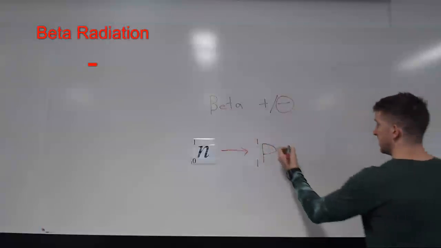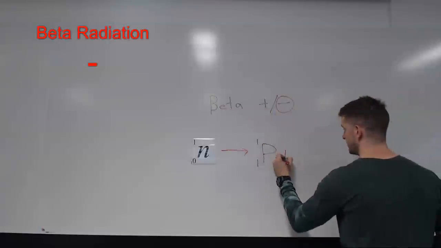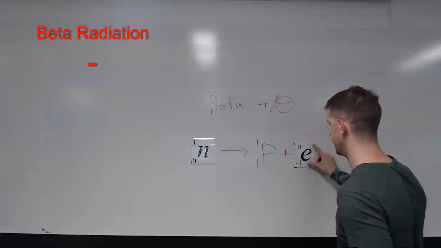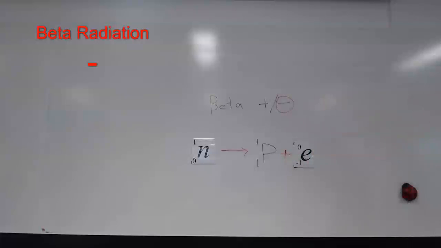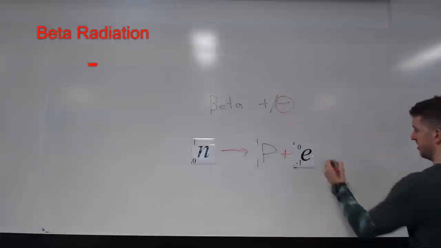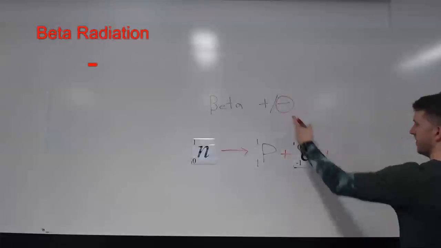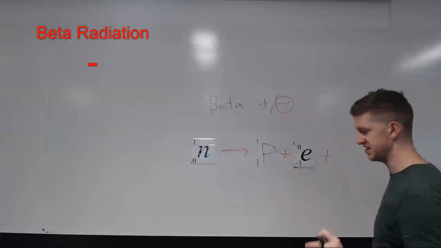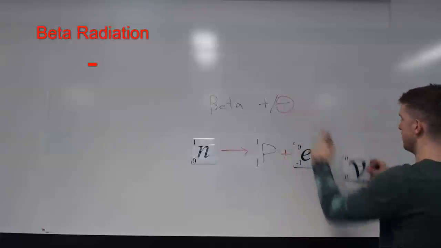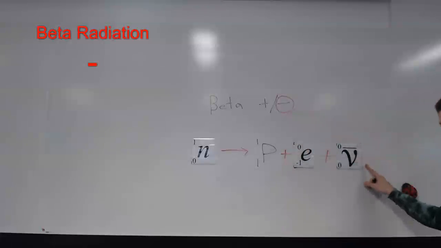And then in beta minus, we're also going to have that negative thing that we expect, which is our electron, a high energy electron. And then, just to throw a third spanner in the works, whereas in beta plus we saw that it produced that neutrino, in beta minus we produce this thing, which is an anti-neutrino.